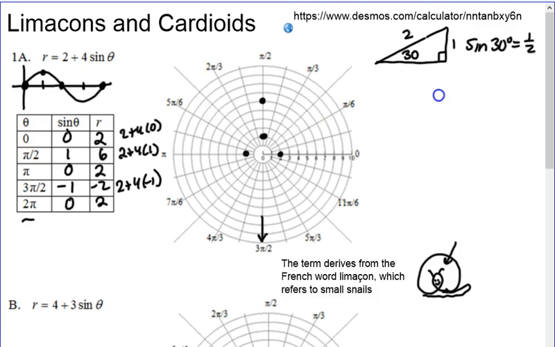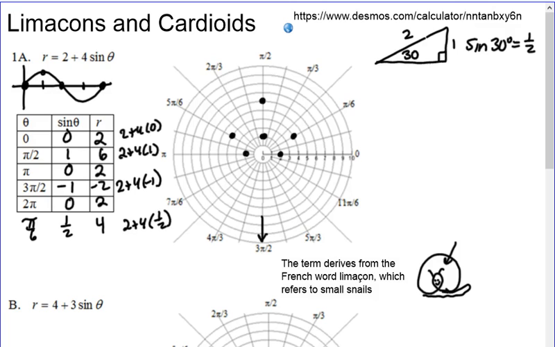So if I put in pi over 6 here, I would be doing 2 plus 4 times 1/2, which is really easy. That's 2 plus 2, which is 4. So at pi over 6, my radius would be 4. Now, because of symmetry, and also because I know that sine of 5 pi over 6 is the same as sine of pi over 6, because sine is positive in both those quadrants, I would have another value over here that's easy to graph.